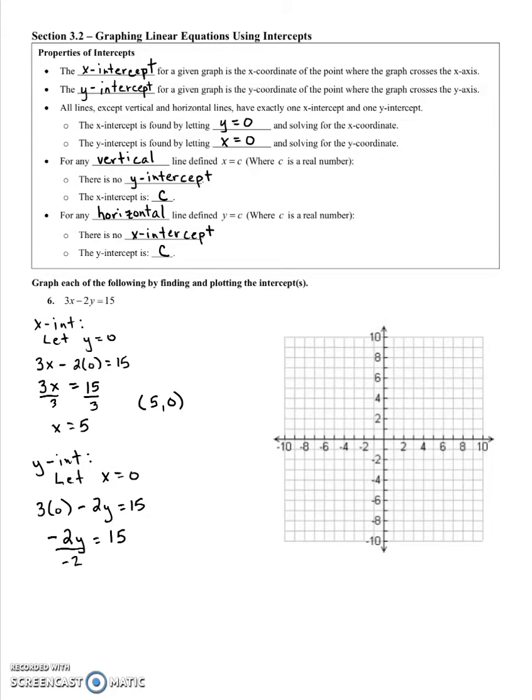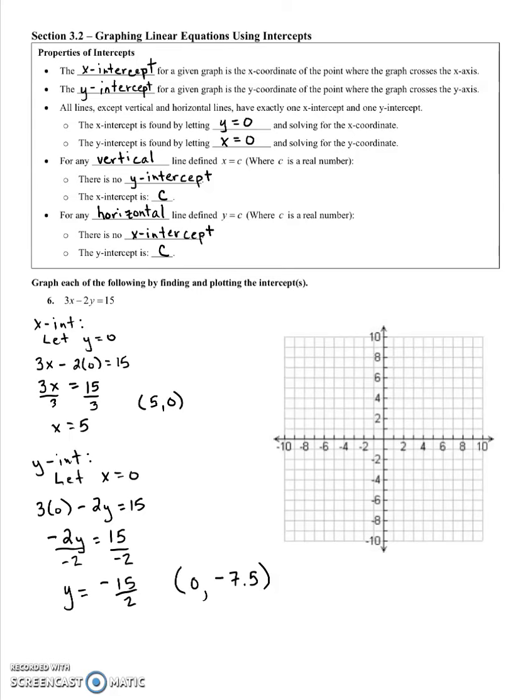Divide both sides by negative 2, and we're left with y equals negative 15 halves. So that point is (0, negative 15 halves), and negative 15 halves is negative 7.5. You can put that in your calculator.